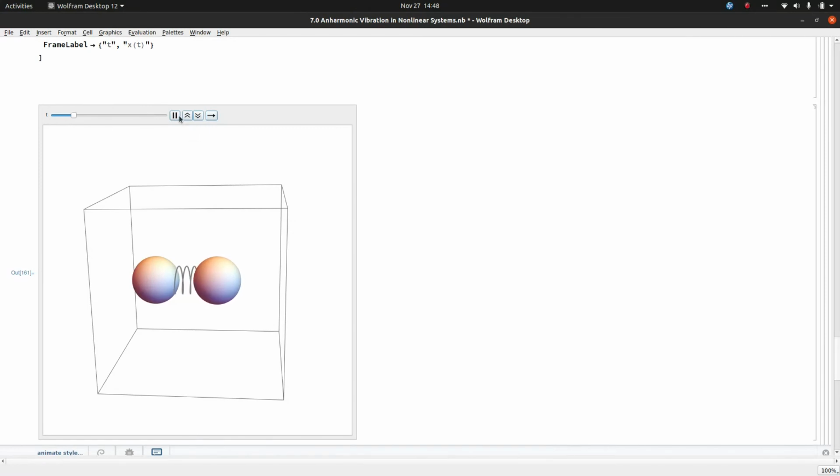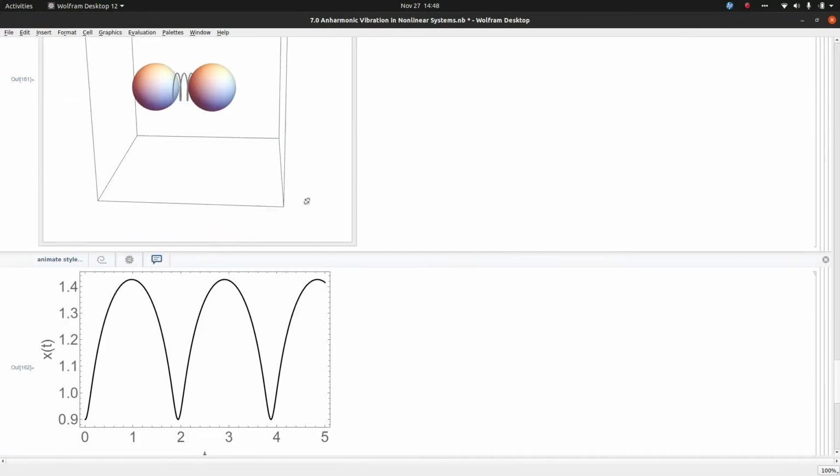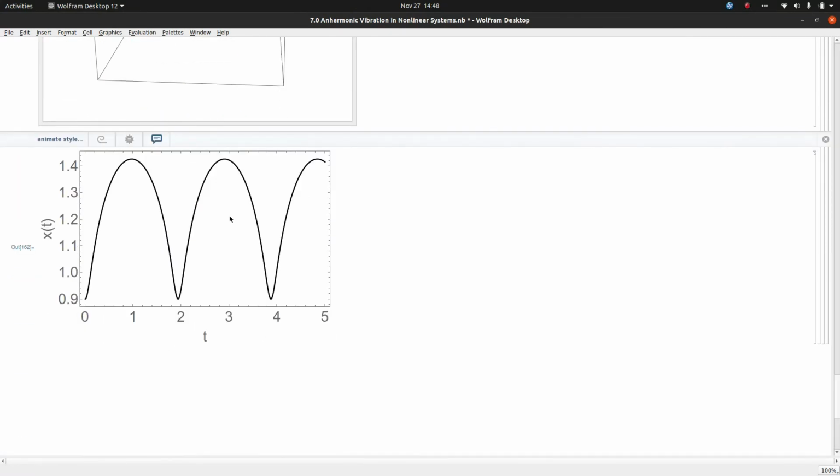And you can see that more clearly in the plot of position versus time, or the plot of the bond length versus time. So when it's stretched, first of all, it stretches a lot more because the rest length is 1 here. So it starts compressed at 0.9, and that's as far as it's going to compress.